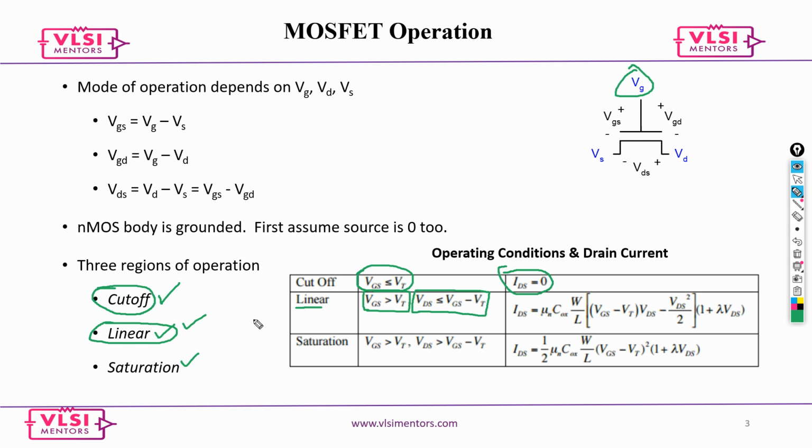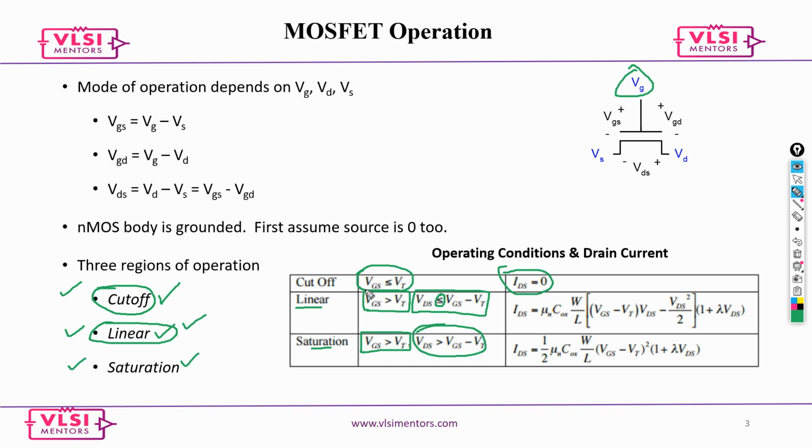Now the third one is saturation, which is again an on condition: VGS is greater than VT, and VDS is greater than VGS minus VT. So that means it is saturation. So we have three modes of operation: one is cutoff, then linear, and then saturation.